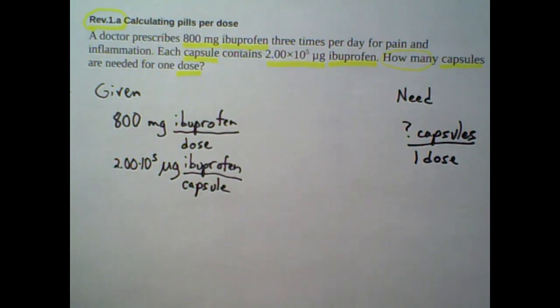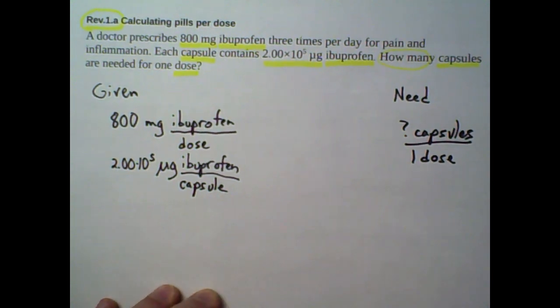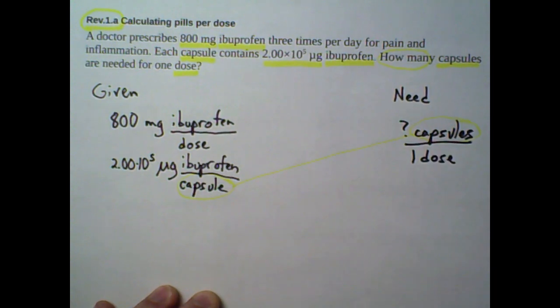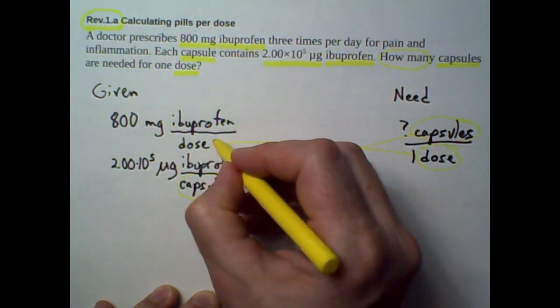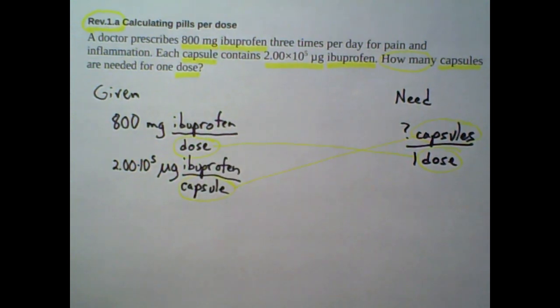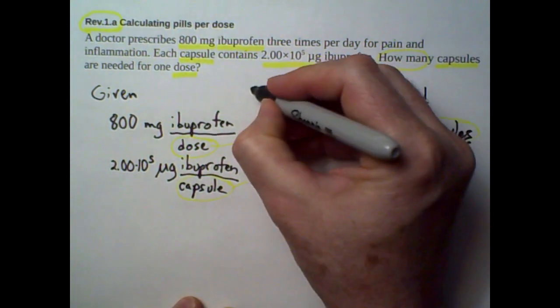I'm going to look for things that are the same and things that are different. Capsules connects there. Dose connects there. So now I need to look for the connections.